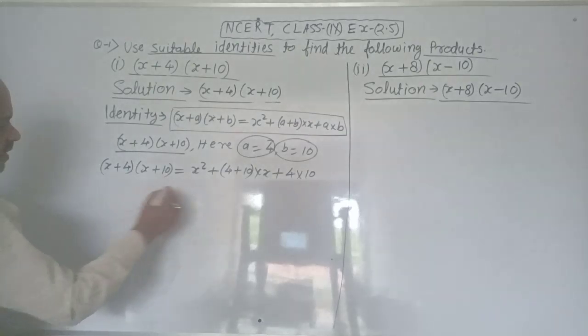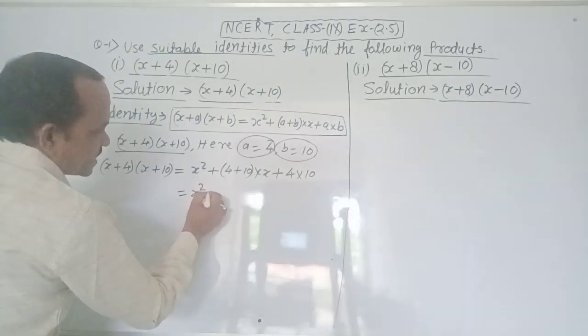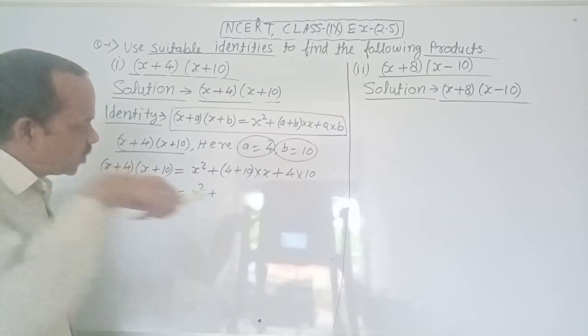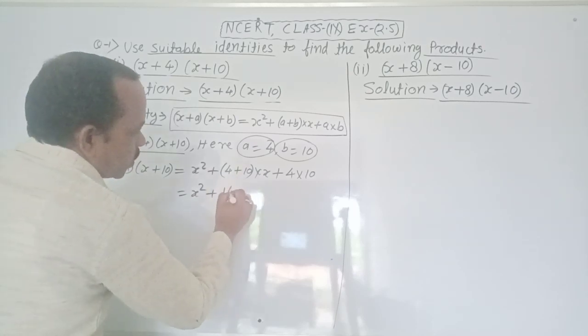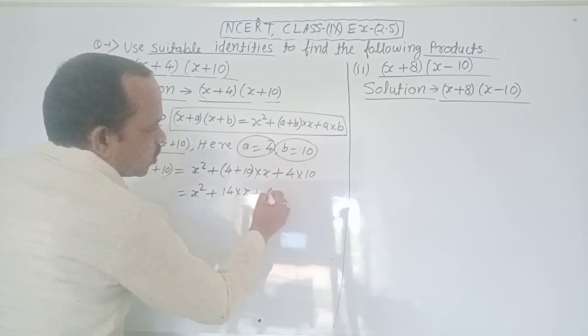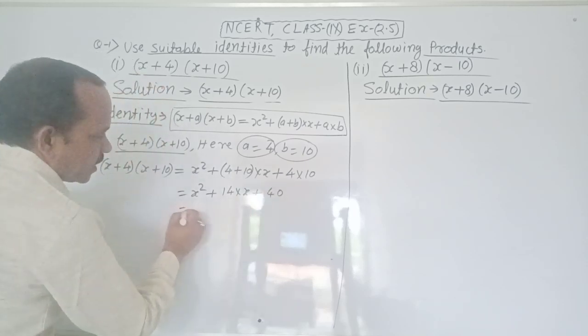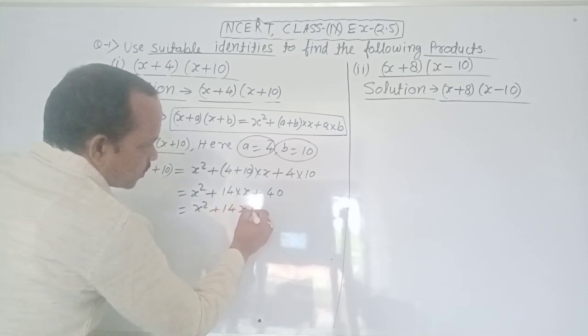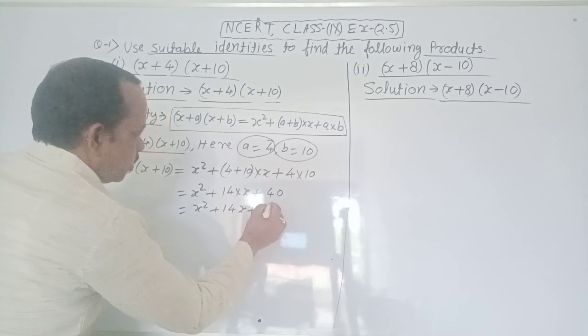You can write it as x square plus 4 and 10 become 14, 14 multiply x, plus 4 times 10 is 40. Equals x square plus 14x plus 40.